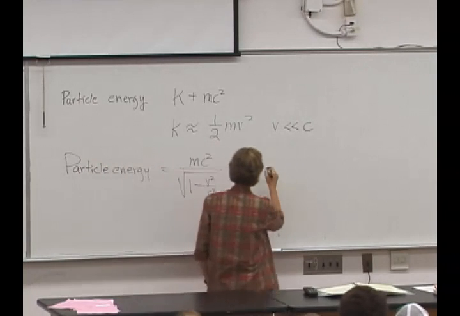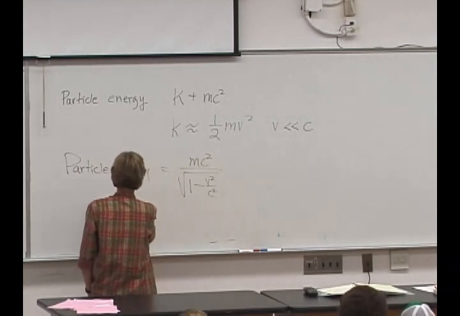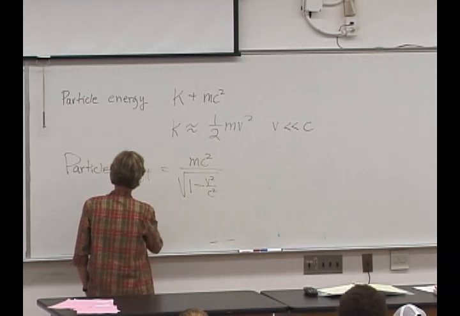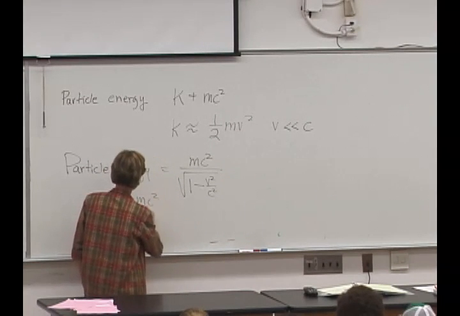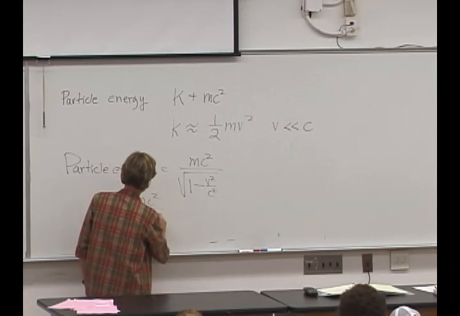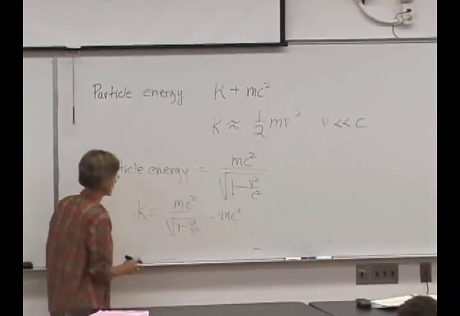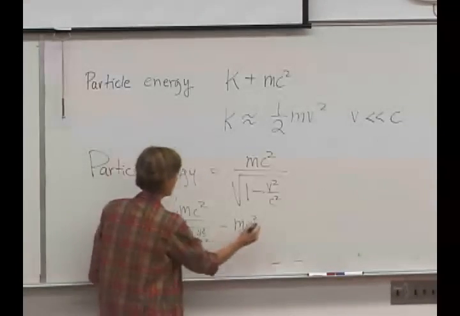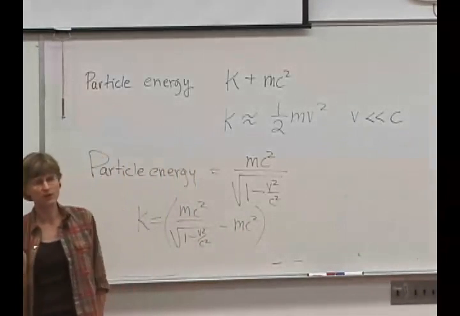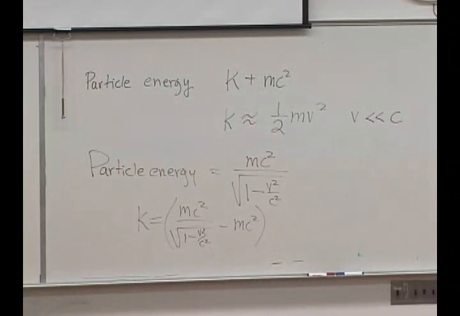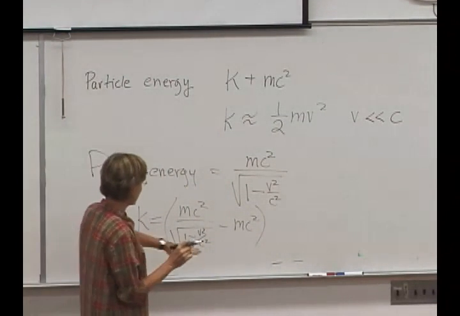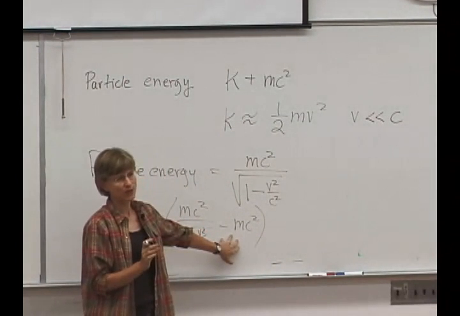And the kinetic energy of the particle is then equal to this whole thing minus mc squared. And we won't very often be dealing with particles that are going very close to the speed of light, so we won't very often need to worry about this.